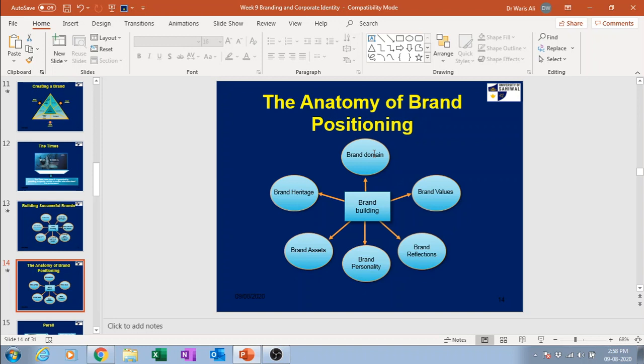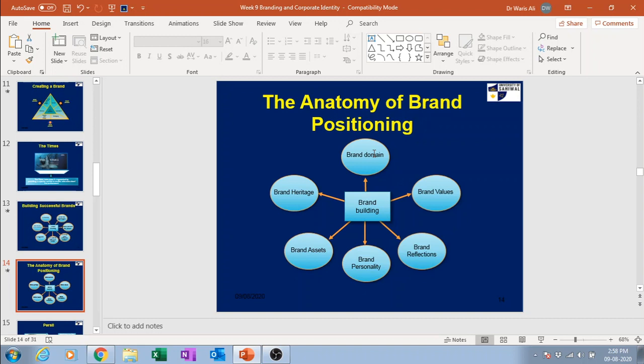Then brand personality. It means who is representing that brand. If young sportsmen are reflecting your brand in the ad, that is brand personality. Brand reflections: how the customer considers himself when purchasing a product.